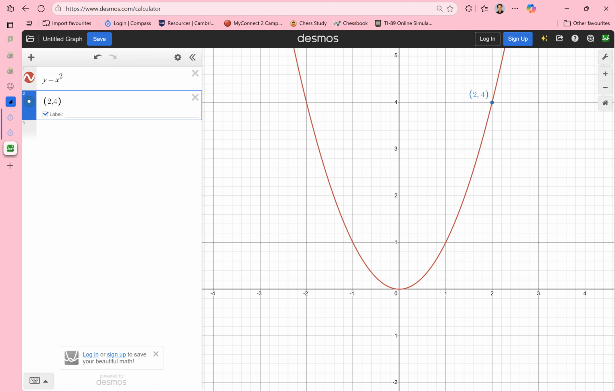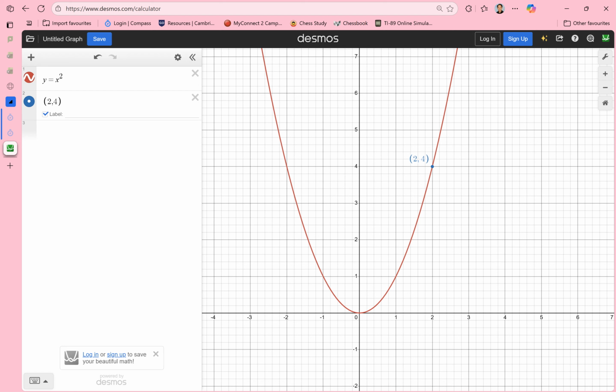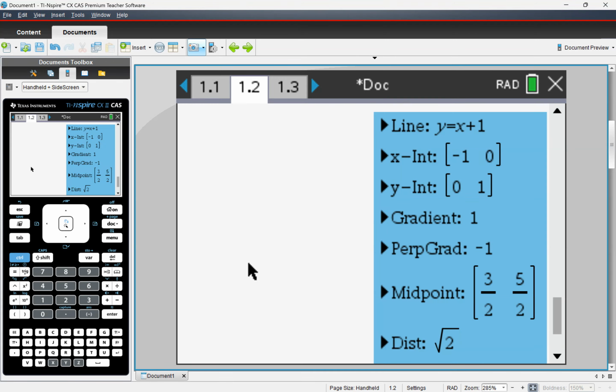We're trying to find a gradient of a line that will touch that curve exactly once. If I picked the point 3, you told me 3, 9. Now I'm going to show you on a CAS how you can find the tangent line, to find the equation of a line.